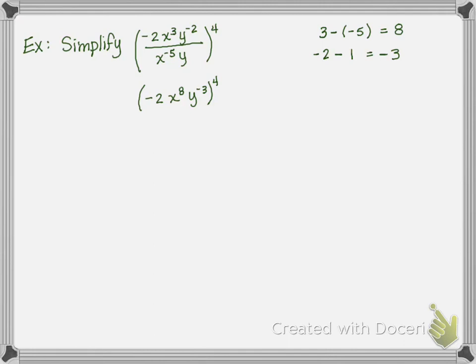So I'm going to apply my exponent of 4 to all of the factors. There are 3 factors inside the parentheses. We have a factor of (-2). If you remember nothing else that I tell you today, please remember to put negative numbers in parentheses.